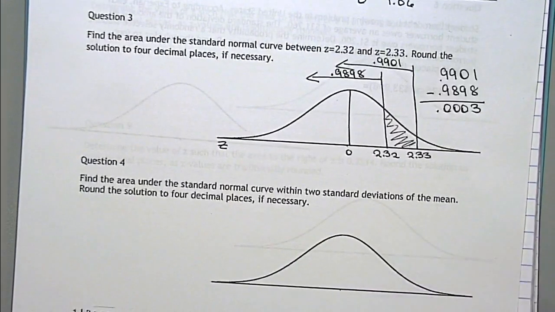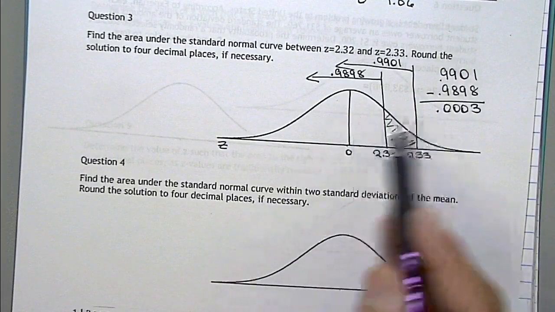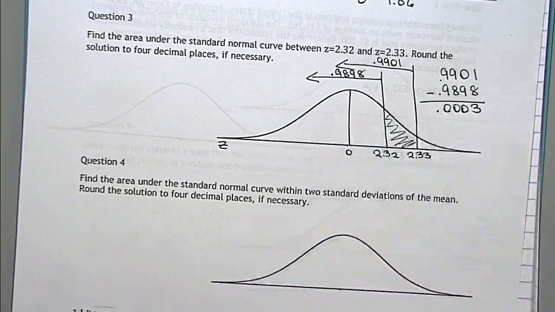If I was looking at this as a percentage, I would be saying this thing is 0.03%, right? It's not 3%, it's 0.03%. We can only move that decimal 2 places, so that's small, isn't it? Tiny little area. I know my picture doesn't show that, but that's okay.